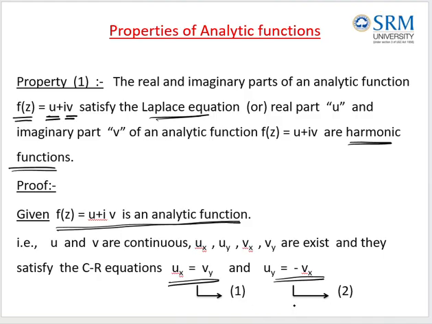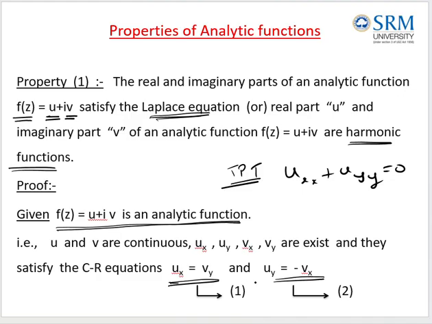Now I need to prove, first I am taking u, that it satisfies Laplace equation. So I need to prove that uxx plus uyy equal to 0. I am taking the first equation, I am having ux. To get uxx I need to partially differentiate equation 1 with respect to x again.